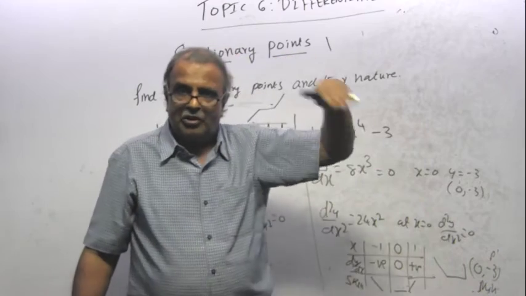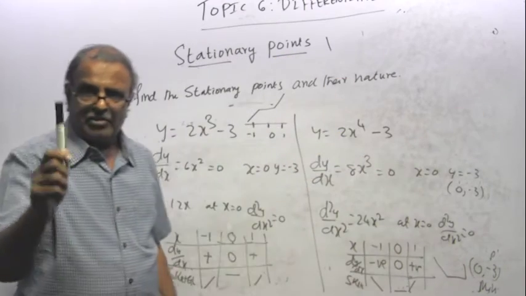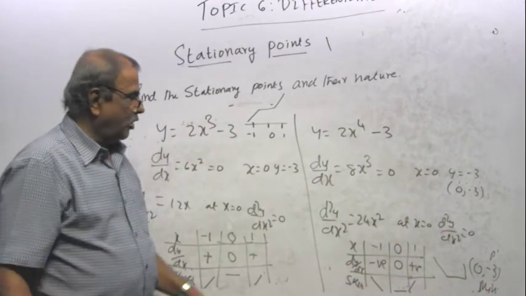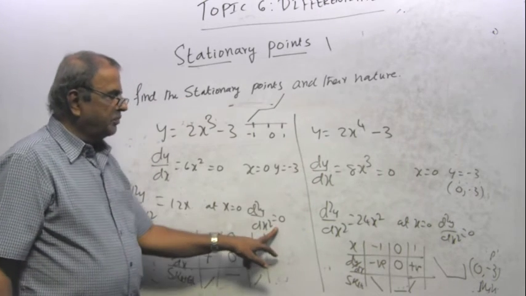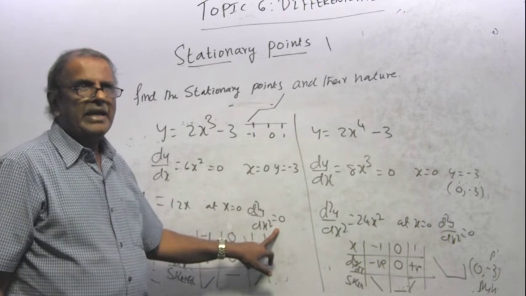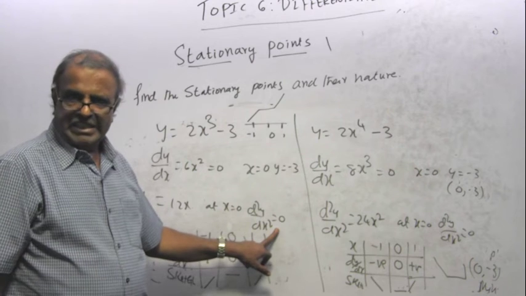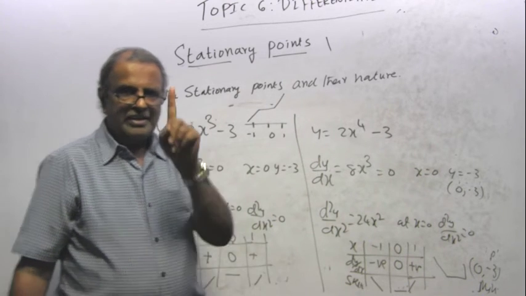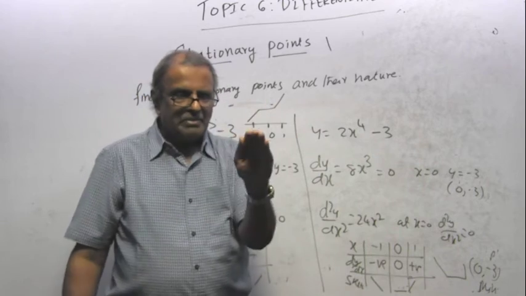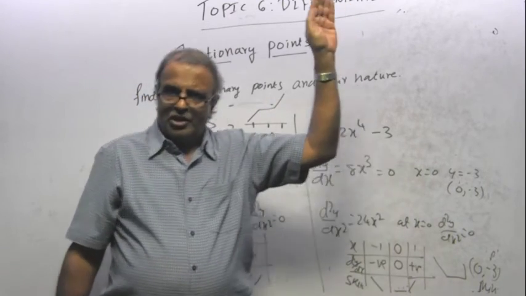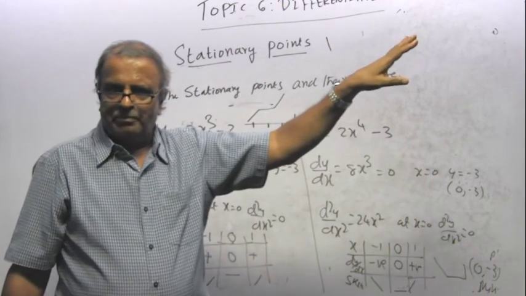But if d squared y by dx squared is 0, safest would be not to assume that it is going to be a point of inflection. Always test using gradients. In other words, the gradient method is a sure shot way of testing for maximum or minimum.